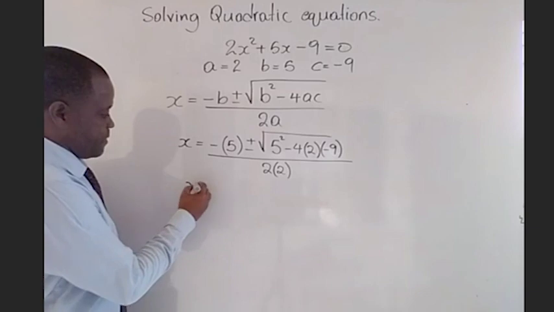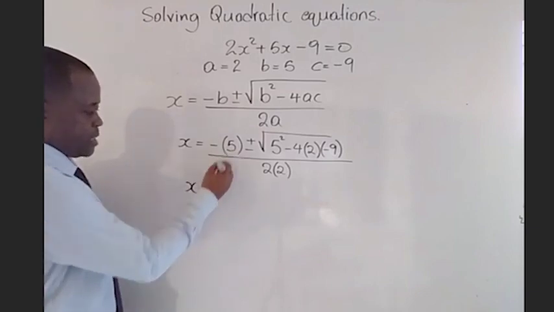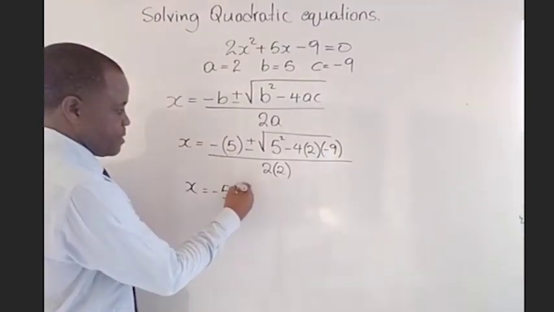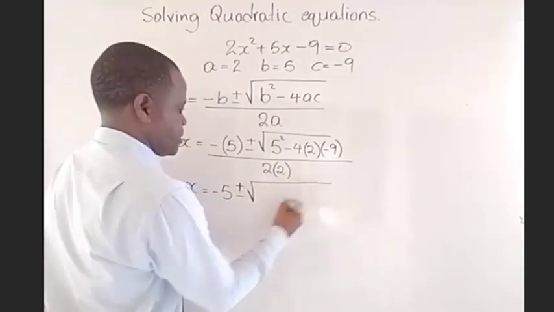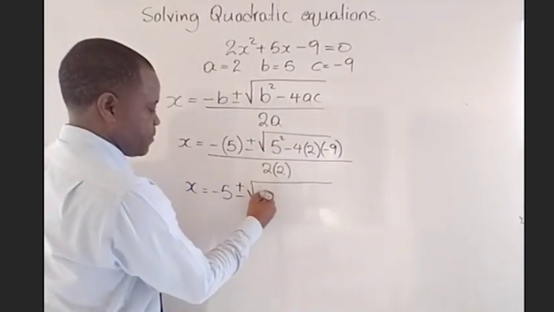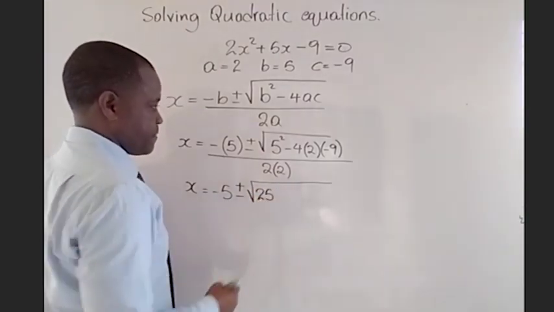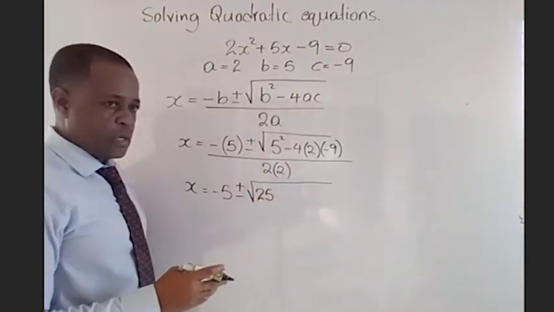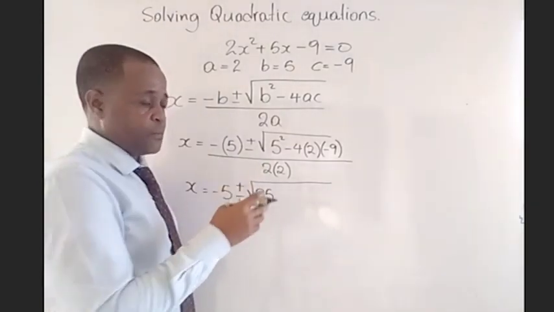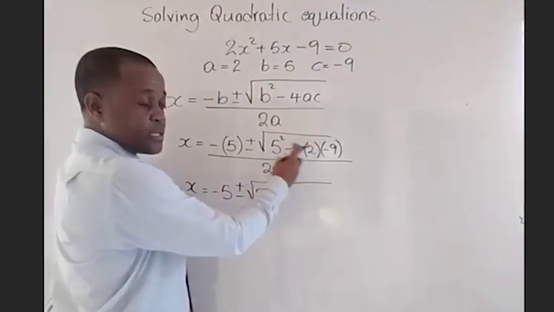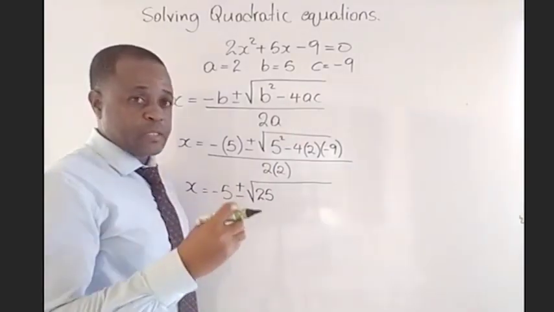So now we have x is equal to negative 5 plus or minus the square root of, this will end up giving me 25. Now, because I don't want to jump any step, I want to show you something. When you're working out what is underneath here, you have to pay close attention.